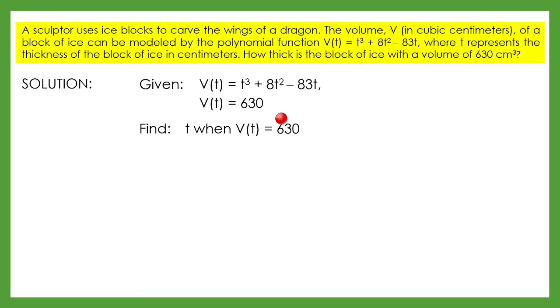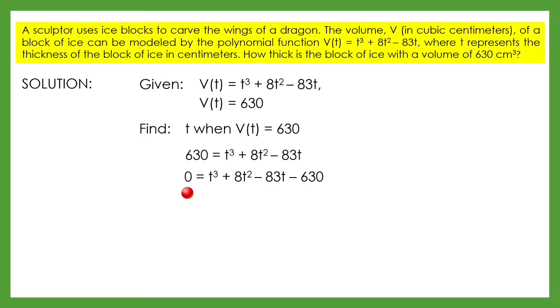So ang una nating gagawin, yung v of t, isa-substitute natin dito. Papalitan natin ng 630. So, we have 630 equals t cubed plus 8t squared minus 83t. And then, itatranspose natin yung 630 sa right para maging 0 yung left.